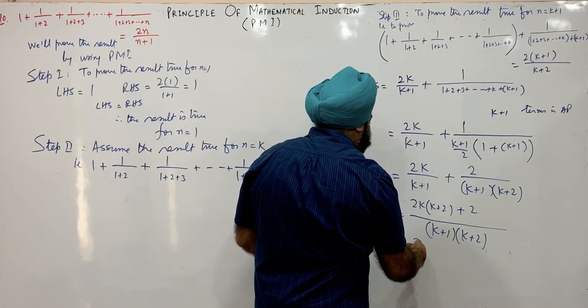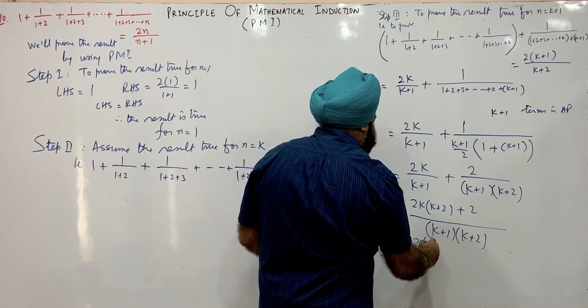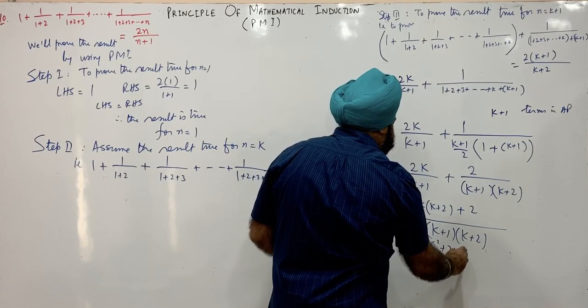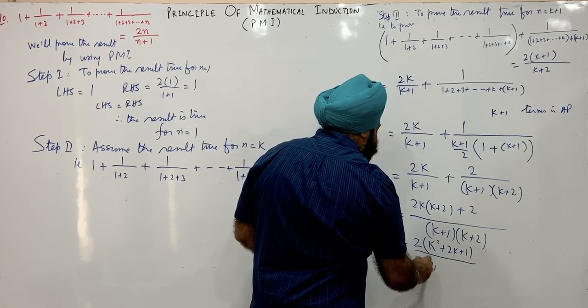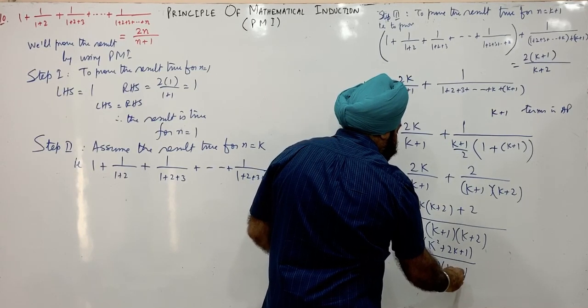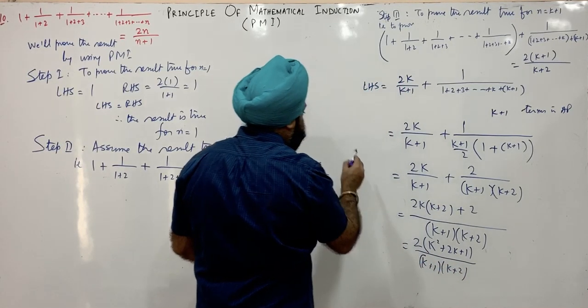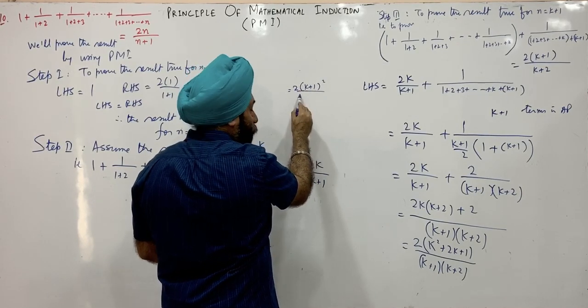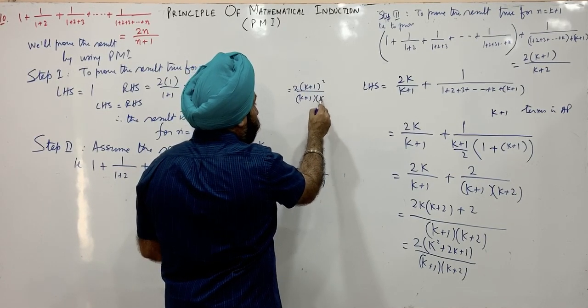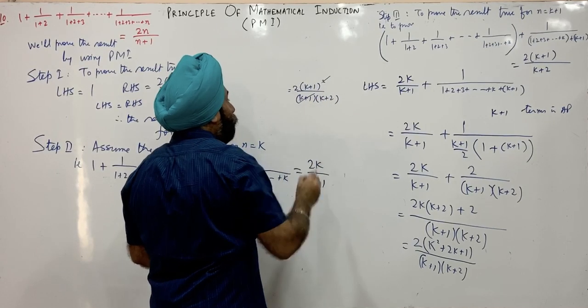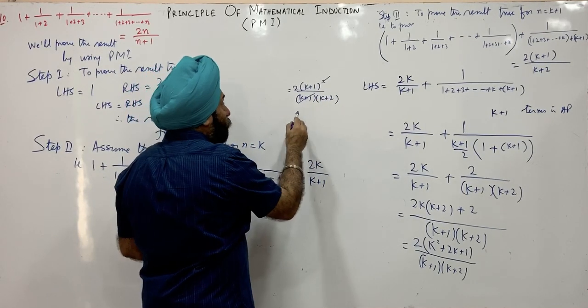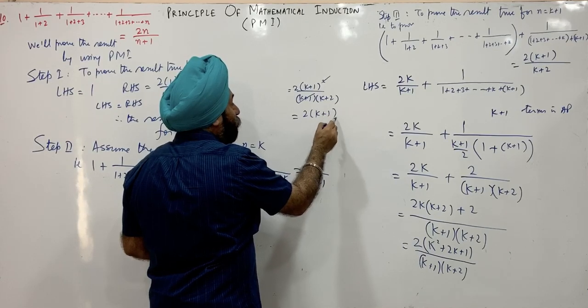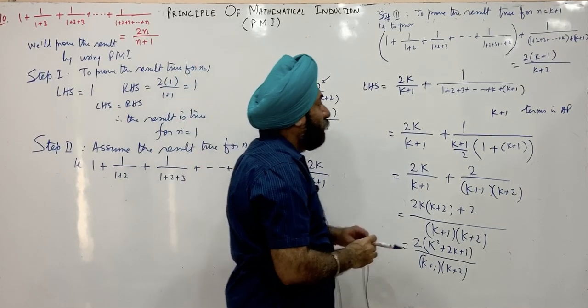Taking 2 common, this is k square plus 2k plus 1 upon k plus 1 into k plus 2. This can be written 2 into k plus 1 whole square, then k plus 1 into k plus 2. This will cancel out. So this is 2 into k plus 1 upon k plus 2, and this is what we wanted to prove.